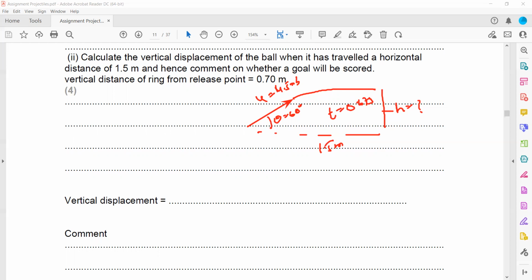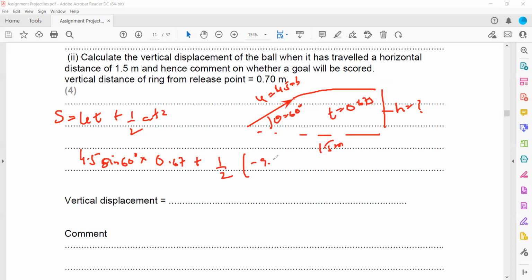So whenever we are finding a vertical motion, we always use the equations of motion. So that is S equals ut plus half at squared. So u is the initial velocity, but that is not the total initial velocity, it is the vertical component of the initial velocity. So what is the vertical component? That is 4.5 sine 60 multiplied by t, which is 0.67 seconds, plus half.